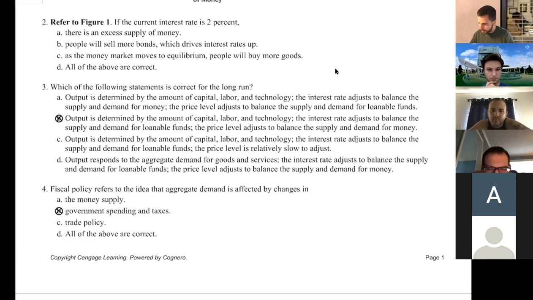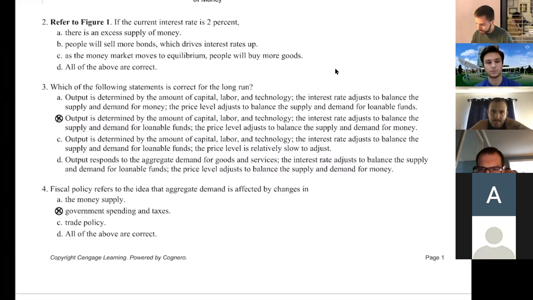Then you go to the second one: the interest rate adjusts to balance the supply and demand for money. The interest rate adjusts supply and demand for loanable funds. So here you read these three, and you just need to know that it's B or C, and the last one basically gives the answer.